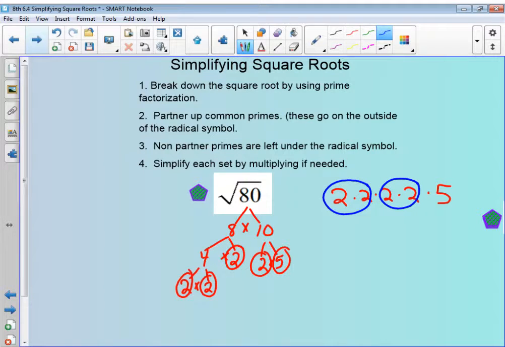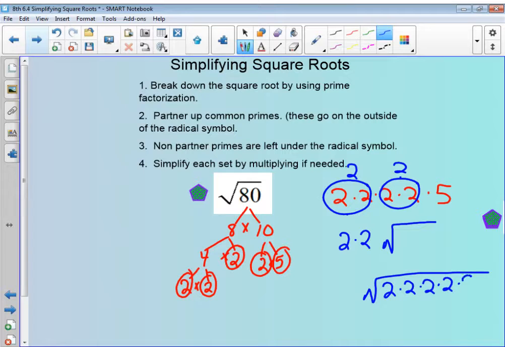Okay, so my pairs, I'm going to put on the outside of the radical symbol. So here's my radical symbol. And I have a set of 2 and another set of 2. So I have a 2 times a 2. Yes, you're only going to write this 2 one time. Why? Because underneath of this square root, this is what it looks like right now. Okay, remember the square root is the opposite of something squared.